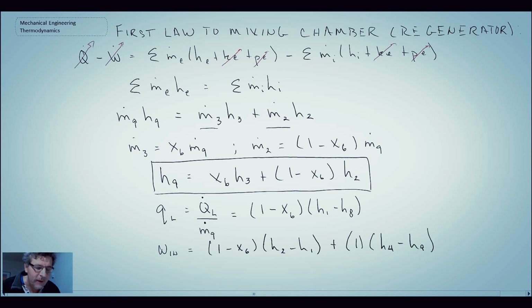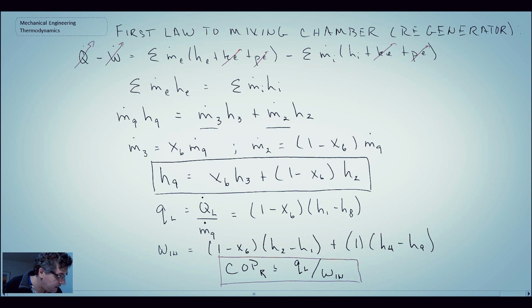So that's where you have to be a little careful with the work as well as the heat transfer. Once you've done that, you can then determine the coefficient of performance in terms of mass flow rate 9. And so that would be a way that you could determine the coefficient of performance for this multi-stage vapor compression cycle.